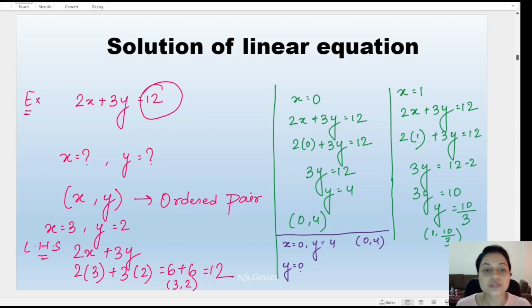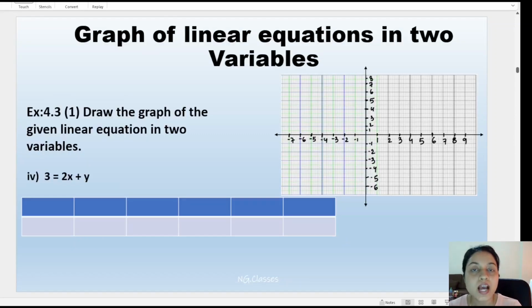When we substitute y as 0, we have 2x plus 3y, so let's substitute 0 in place of y, equal to 12. From here we will get x as 6. So another ordered pair we got is (6, 0). So these two points are very important. Why? Because rather than finding a lot of different ordered pairs, we can use these two points to plot the graph.